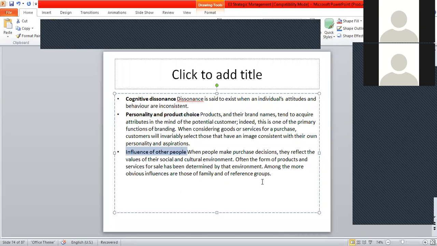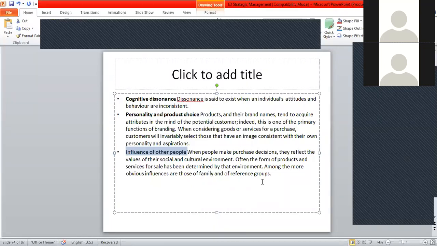Sometimes even if it is not their immediate requirement, others can influence. Maybe some others can tell about a sale going on. So even if they do not have a requirement, because there is a sale going on, they end up buying something during that sale.